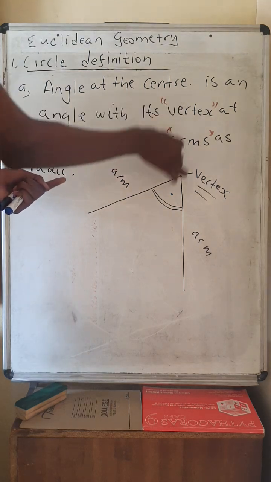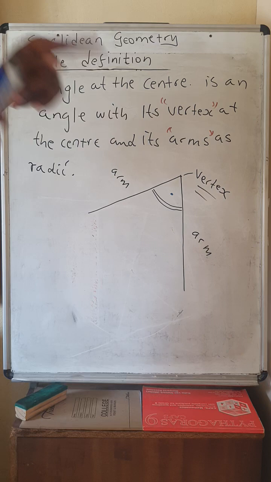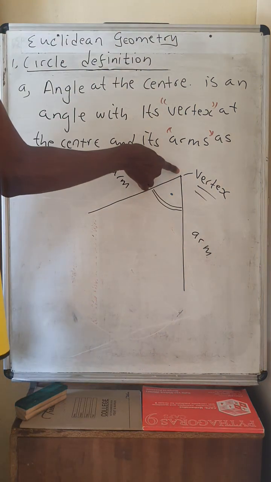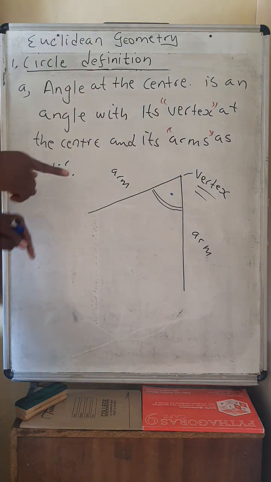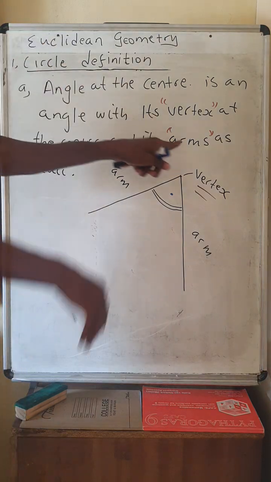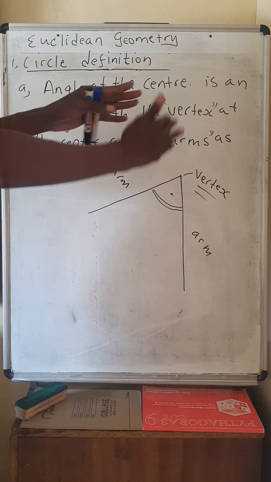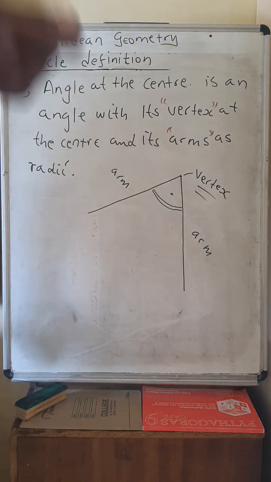However, two conditions must be met in order for an angle to be at the center. The moment you talk about an angle at the center, I'm going to check its vertex to check whether the vertex is at the center or not. If the vertex is at the center, then I will go to condition number 2. I'm going to check what? The arms. The arms must be radii. So it means each arm must be a radius.